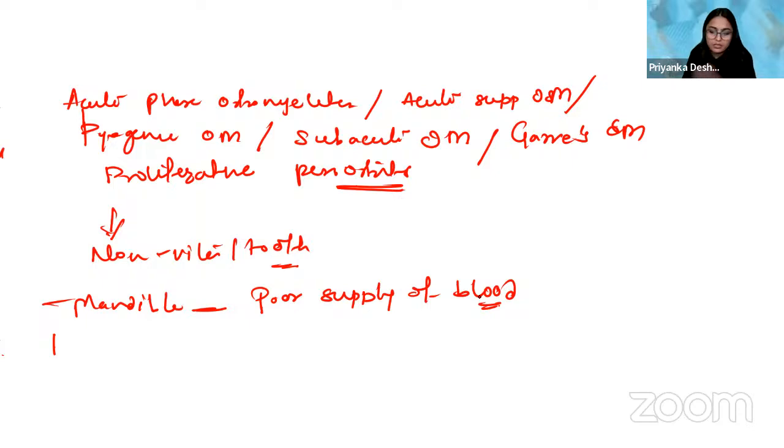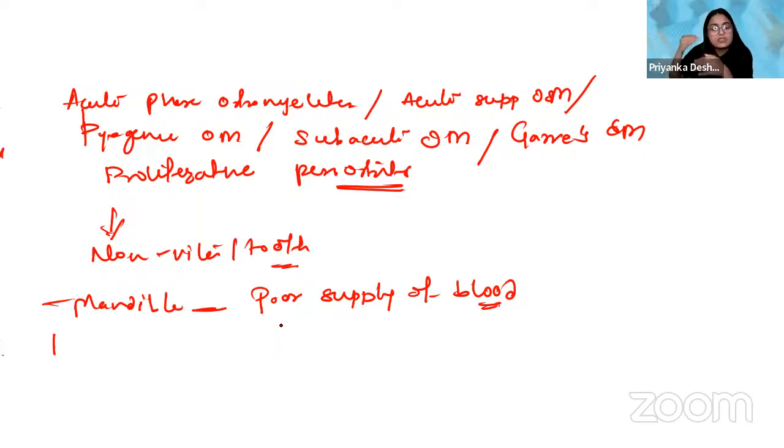Okay, and this acute exacerbation of this infection produces inflammatory exudates that will lift the periosteum, which is loosely attached in the younger people, and it will stimulate the periosteum to form new bone.